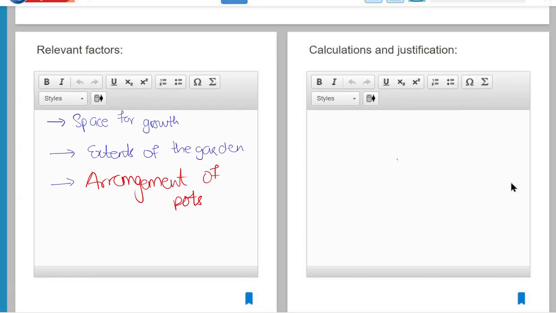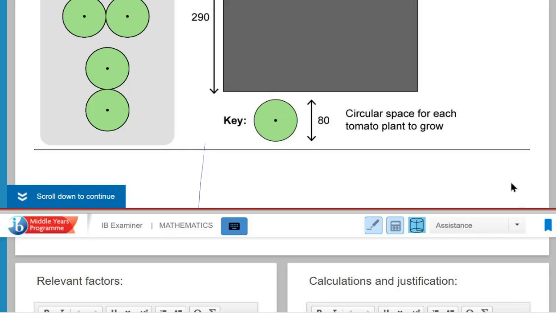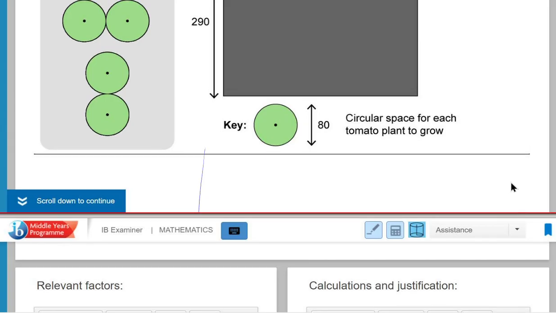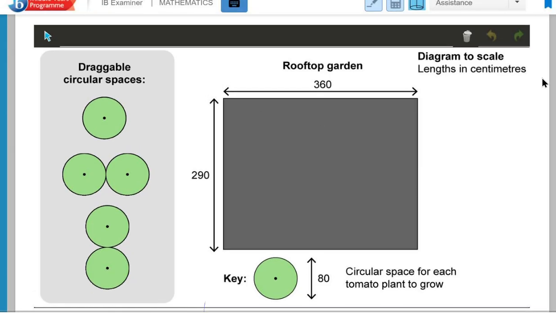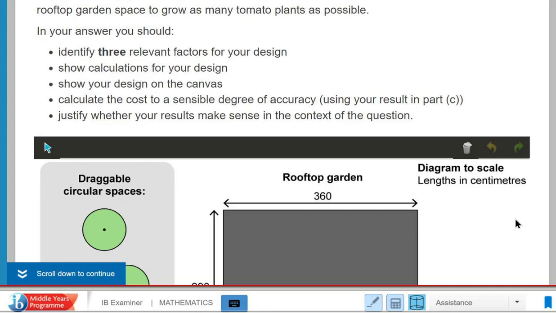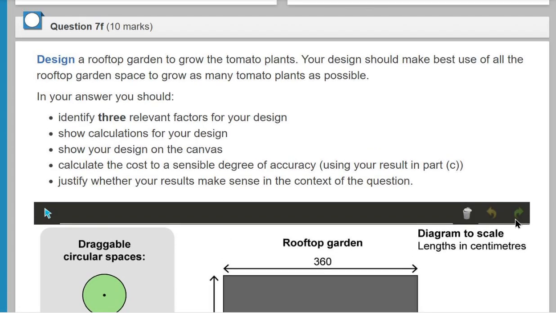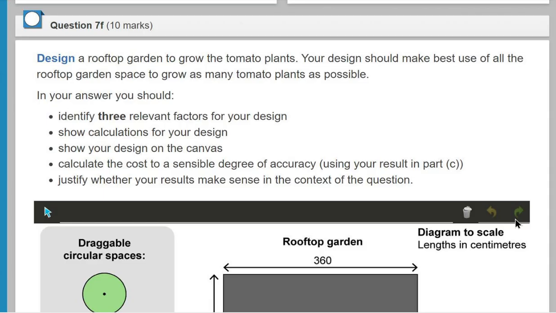Okay. Calculations and justifications. The ideal calculation method would be to first understand that the entire length given to us is 360 and the width is 290, and the dimension of the circle is 80 centimeters, in centimeters, not meters. 80 meters is a lot of value.